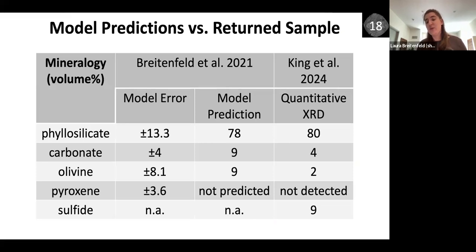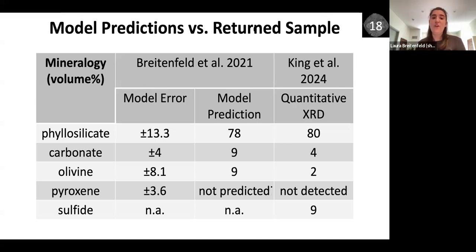So to summarize what I found here, for example, I wasn't able to make a sulfide model. This is because of spectral blandness of sulfides in the mid-infrared. But when we look at other components like pyroxene, we predicted that pyroxene would not be present on the asteroid, and it in fact was not detected in the quantitative XRD data.